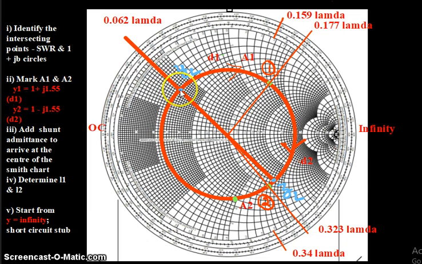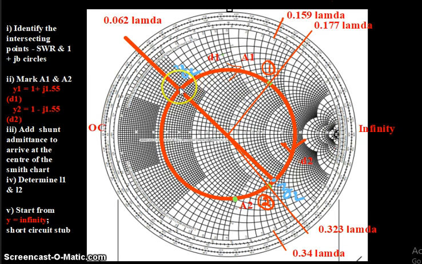Now, the distance between YL to Y1 is called D1, and the distance between YL to Y2 is called D2. We are moving towards generator from YL to the A1 point, that will give D1.